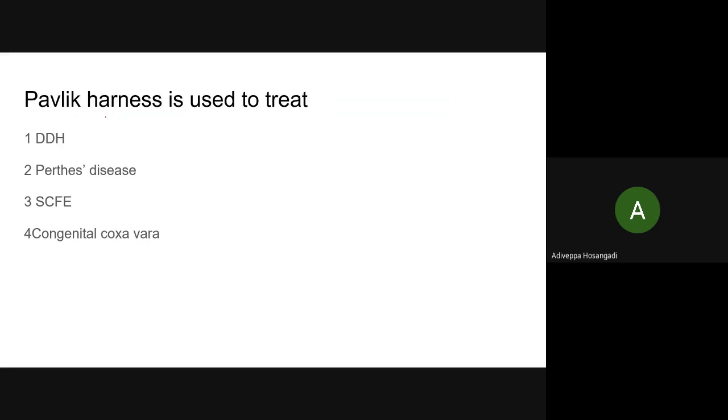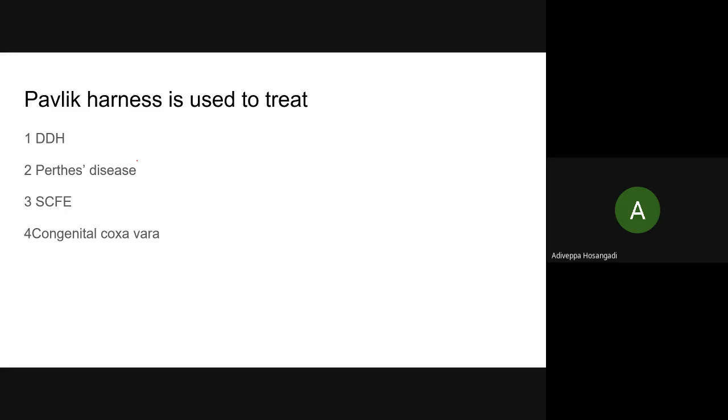Pavlik harness. A harness is a kind of a belt. So Pavlik harness is used to treat: DDH, Perthes, SCFE, congenital coxa vara. So we'll go one by one, because we have already addressed important points of certain pediatric ortho common disorders.